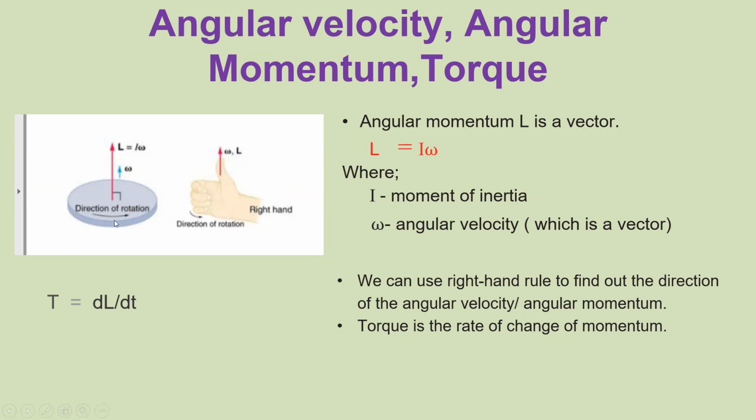That means this will keep on rotating at the same angular velocity unless there are external forces acting on it. The force here is a torque. If there is no torque, or the torque is zero, this will keep on rotating at this velocity.